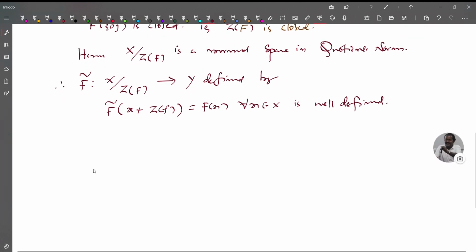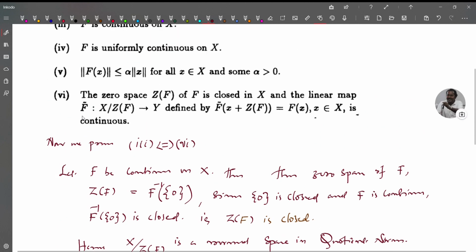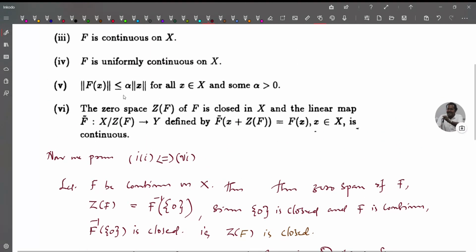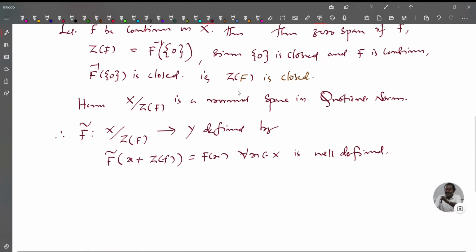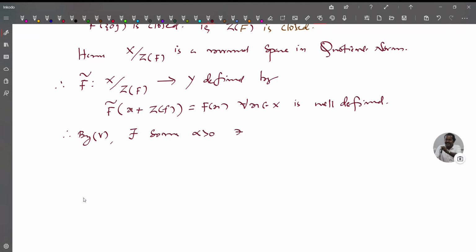Since f is continuous, by 5 there exists some alpha greater than 0 such that norm of f of x is less than or equal to alpha times norm x for all x in X.